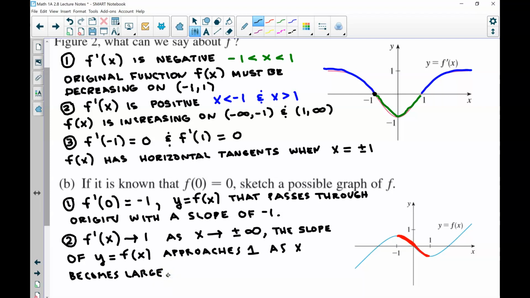Now, what I mean by x becoming large, it could either be positive or negative. That is why when we draw the graph of f, it's progressively straighter as x is approaching positive or negative infinity. So you can see here what's happening with this graph.